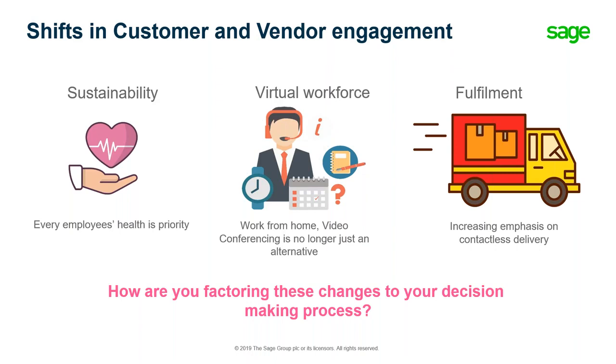Given this particular shift in mindset and shift in engagement modes, and to add to that, everyone's going virtual as well, right? So the engagement mode for customers and vendors is going online. So how do you keep up with that, right? For example, are you using any CRM system to streamline this process to actually engage your customers, to ensure that your customer service reps get quicker insights on certain customer feedback, right?